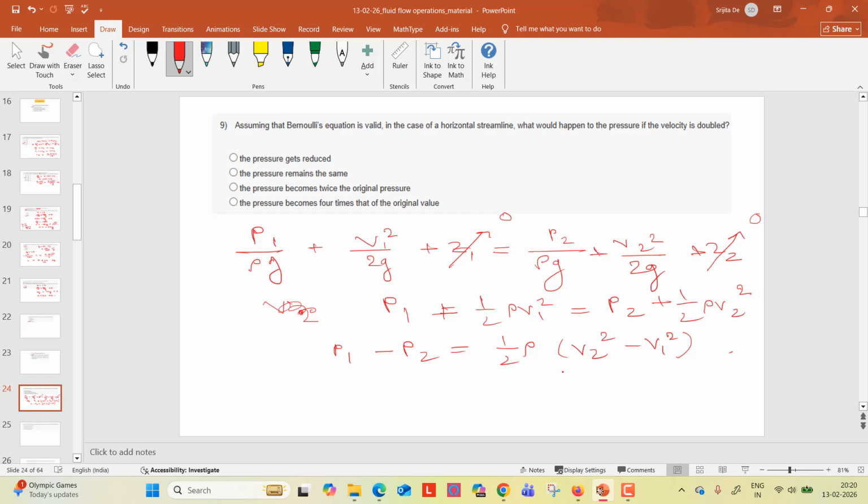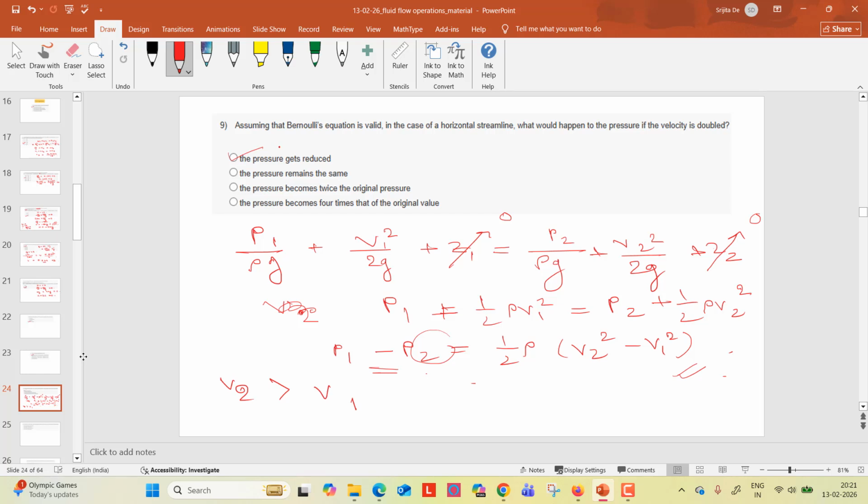If v2 is greater than v1, this is a positive term, so P2 has to reduce. So when the fluid velocity is increased, pressure has to be reduced. So pressure gets reduced. Option A.